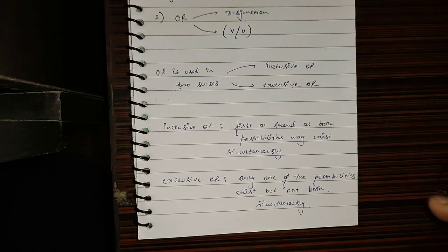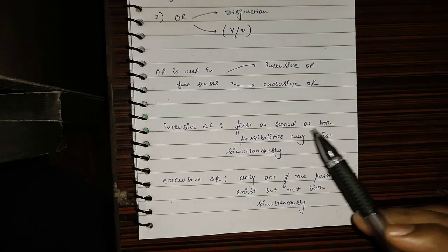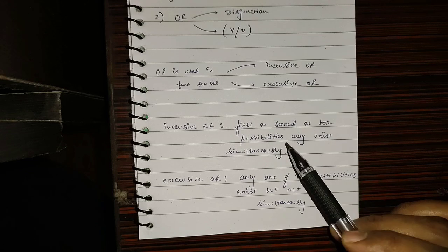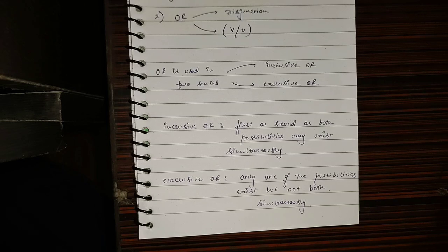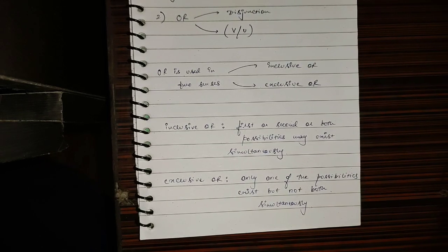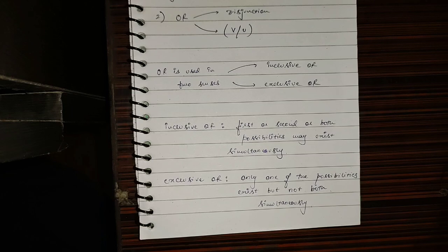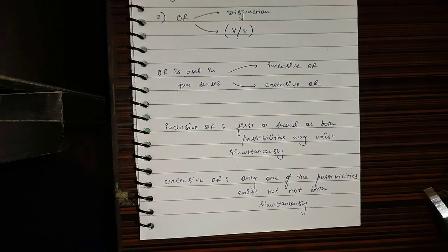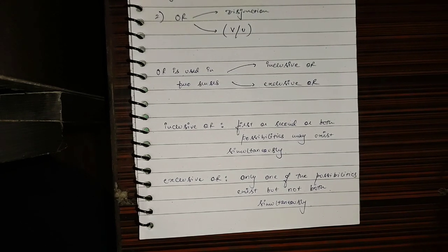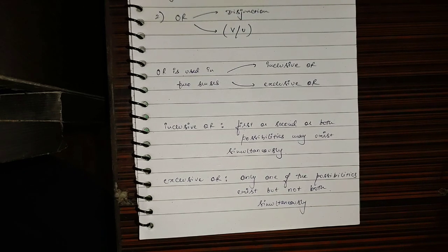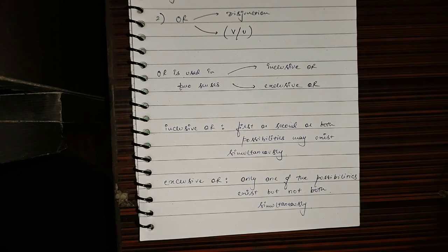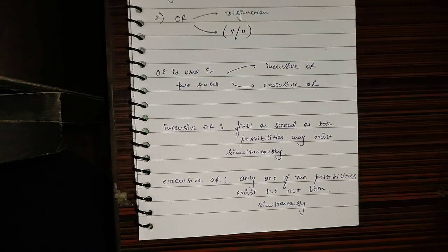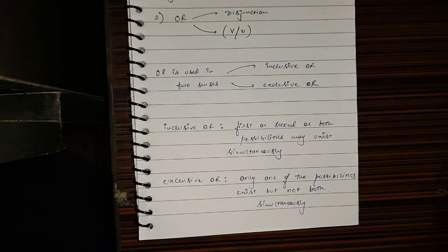Whenever we use inclusive OR in a statement, we are saying either the first condition or the second condition, or both conditions, may exist simultaneously. But when I'm using the exclusive OR, I am saying that only one of the conditions will exist but not both simultaneously. Now this is very theoretical, but it can be explained better with an example. So let us see a few examples now.